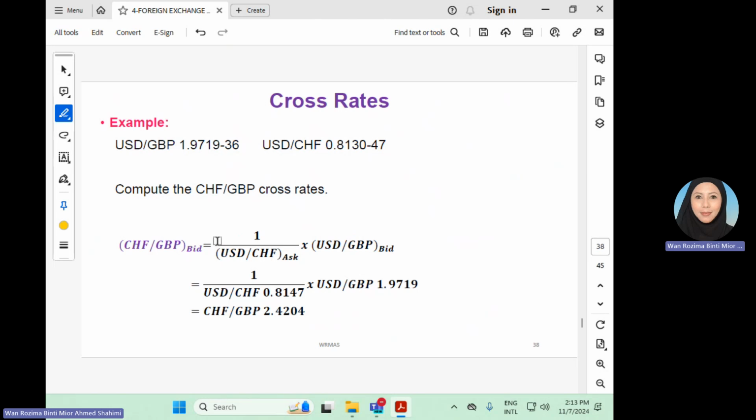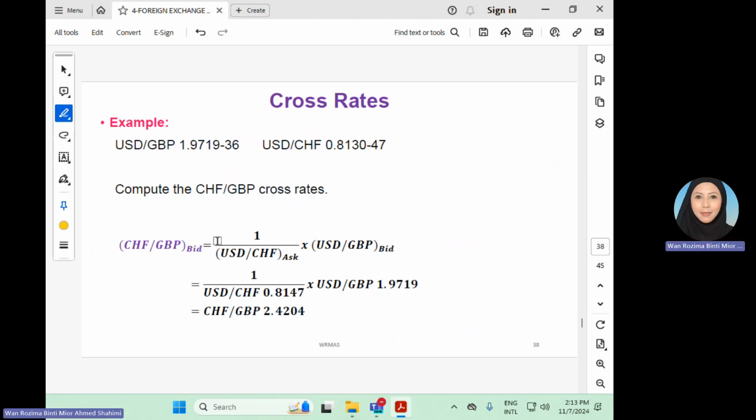Equal to CHF against USD, the bid one, times, according to the formula, USD against British pound, bid. Right? Follow? Okay, then check.